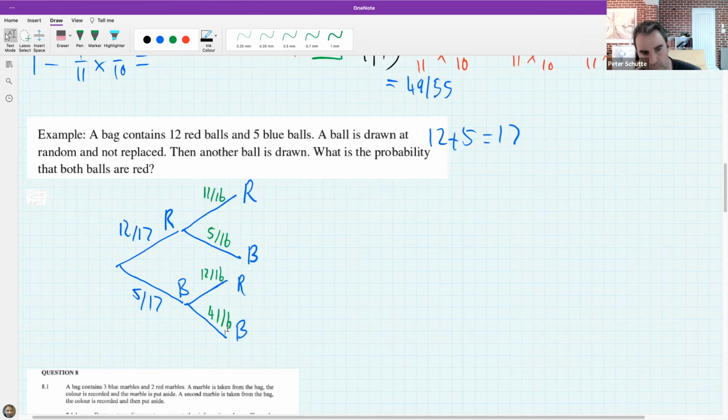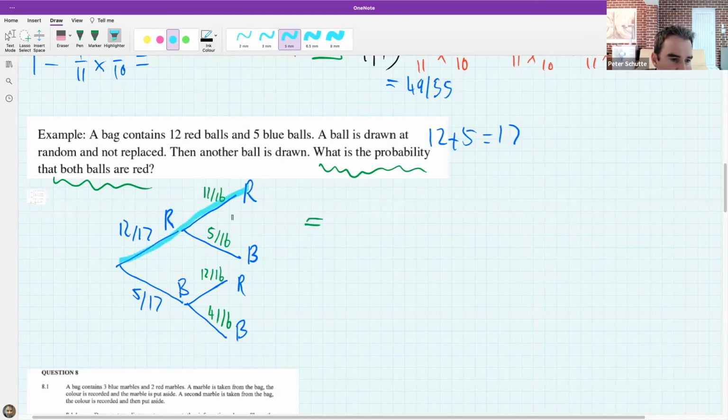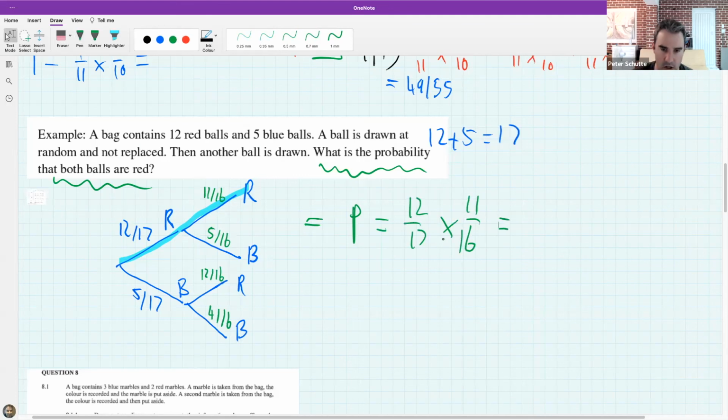So that is what my tree looks like. And so now the question is, what is the probability that both balls are red? So for me, that is going to be this one over here. And so what is the answer we're going to get? It is going to be 12 over 17 times 11 over 16, which I take it you're using your calculators.